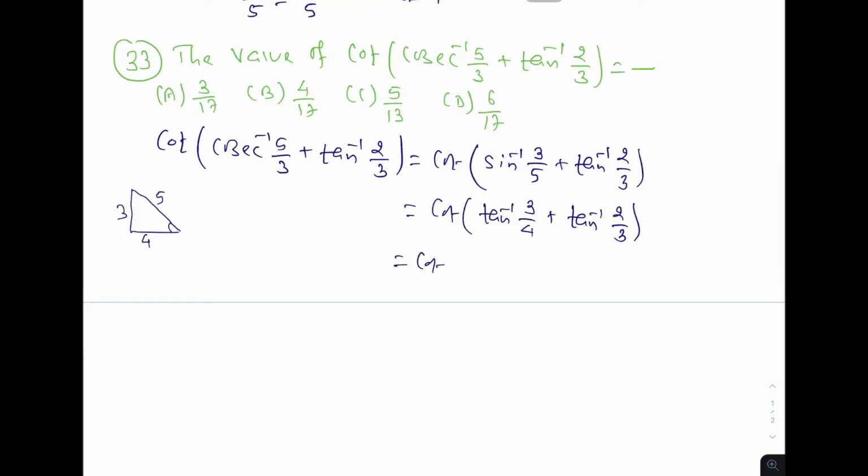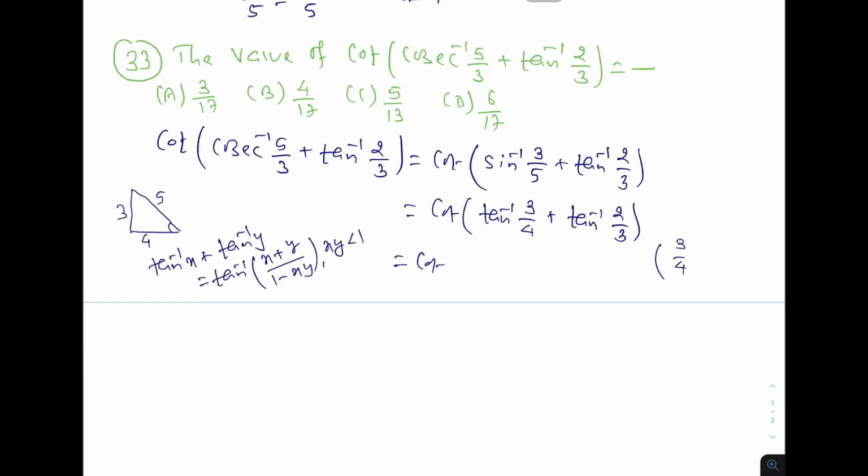And now we can use the formula tan inverse x plus tan inverse y equal to tan inverse of x plus y upon 1 minus xy, if xy is less than 1.